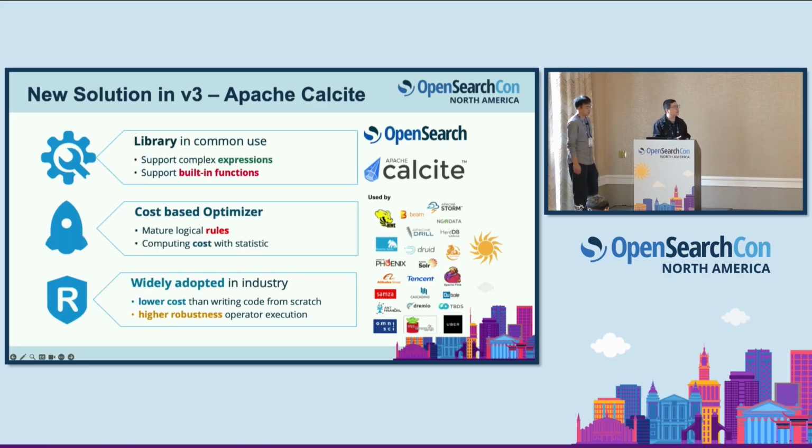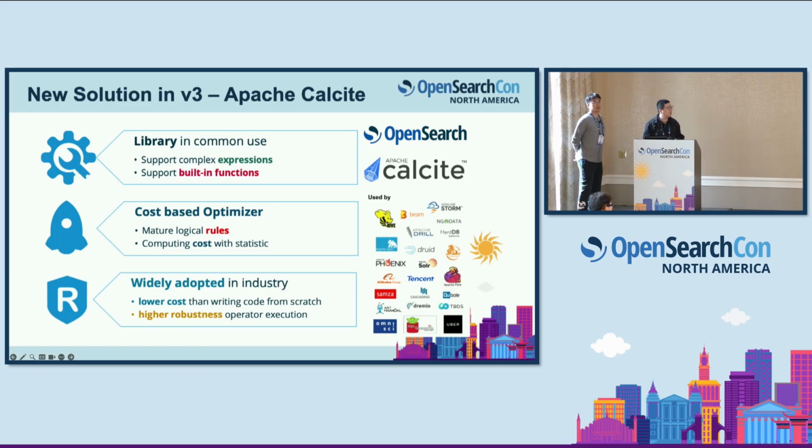With the Calcite integration, now we can resolve the challenges that we listed above. Firstly, Calcite is a very commonly used library, and it provides lots of complex expressions and lots of built-in functions.